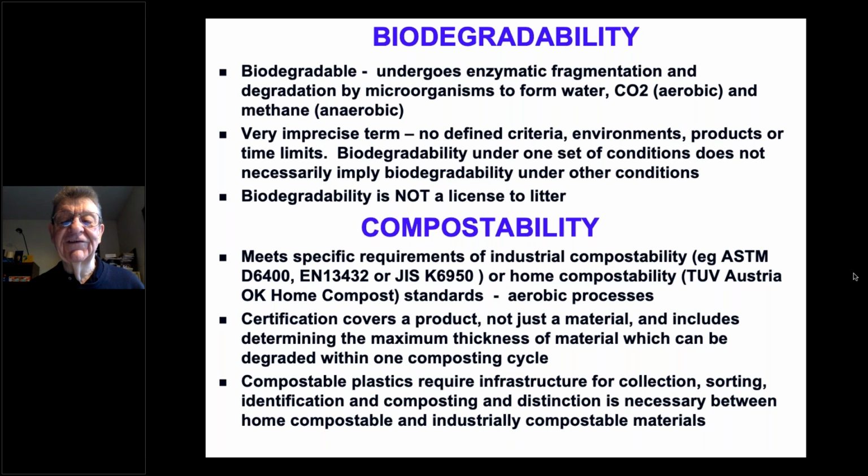You may be able to get a certification, for example, for a thin film, but this doesn't mean that it will also get certification for a 5mm thick injection molding. And using compostable plastics, though, requires almost dedicated infrastructure for collection and sorting and identification and composting. So you have to have the infrastructure to use compostable polymers.